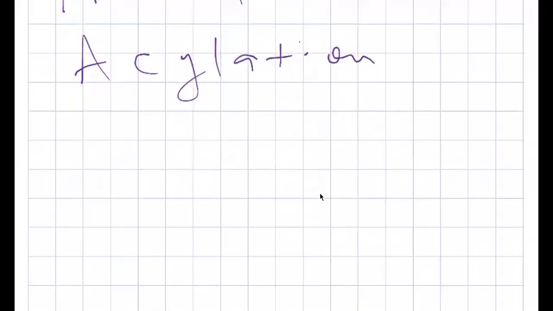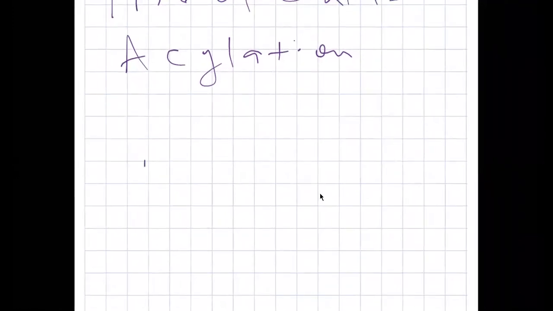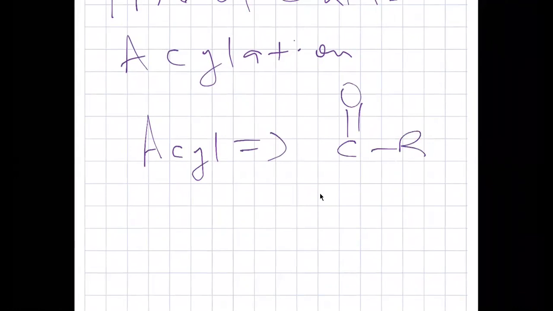So an acyl group, let me just go ahead and give you what that means, right? So when we say we're acylating something, what we're doing is adding a carbonyl. That's what we call an acyl group, right? So this carbon of the carbonyl is what's going to be attacked.